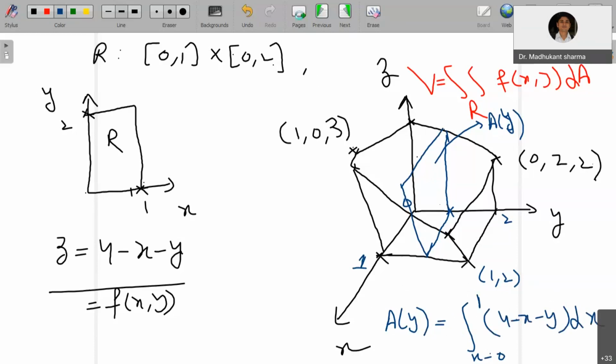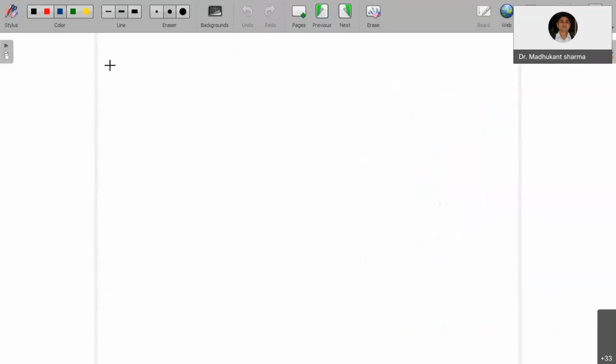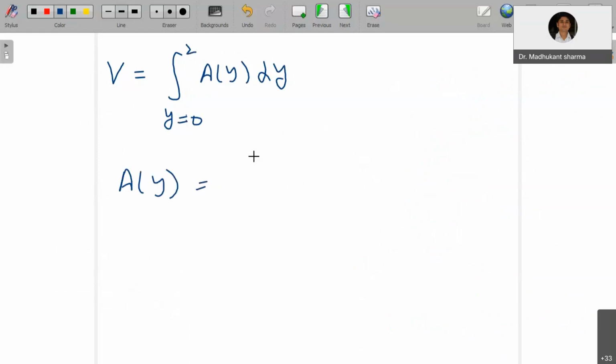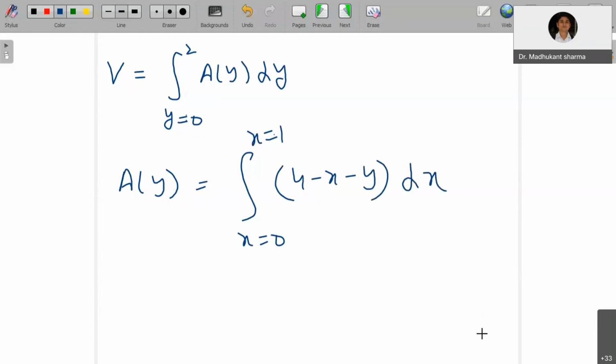So we are trying to look at it in some direction. The integration of A of y is going to be the volume, equal to integration of A of y dy, where y runs from 0 to 2. A of y is the integration from x equals 0 to x equals 1 of 4 minus x minus y dx.